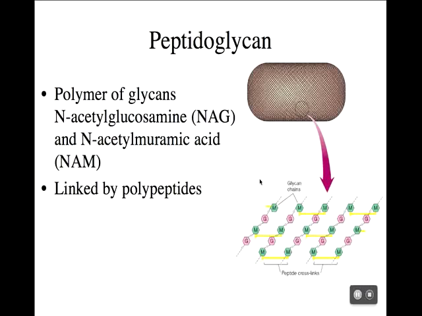This makes peptidoglycan a great target for antimicrobial treatment. If you wanted to kill bacterial cells without hurting human cells, you could treat your patient with some drug that kills and destroys peptidoglycan. If you destroy the peptidoglycan, you'll kill off the bacterial cell without hurting the human cell. Right? So it makes a really good target for antimicrobial treatments.